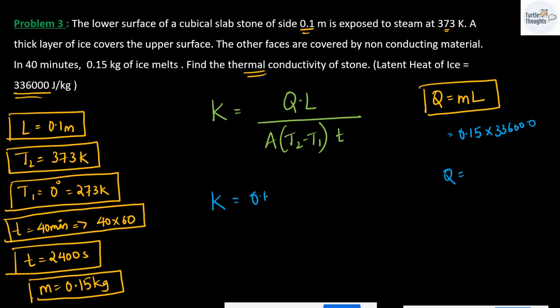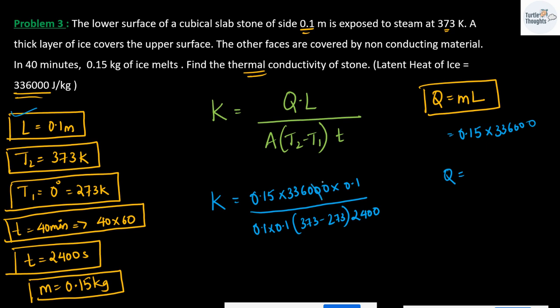Q value as 0.15 multiplied by 336,000 multiplied by L. The value of L is going to be 0.1, whole divided by A. What is your A value? The value of A is not given, but the length is given. You can just take the square of the length, 0.1 multiplied by 0.1, and you will be getting the area, multiplied by 373 minus 273 multiplied by 2400.